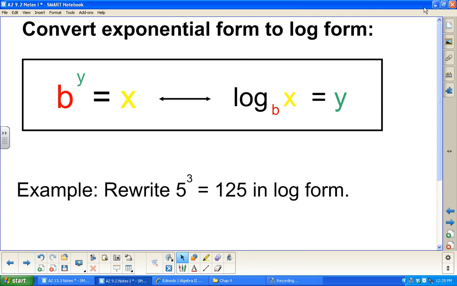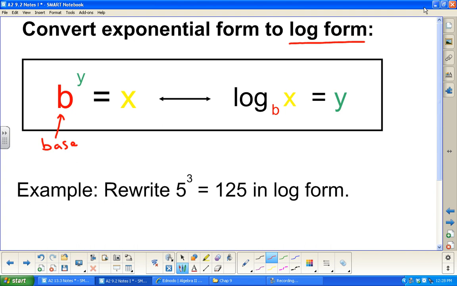This is the basic important thing here. When you want to change back and forth, if you're given something written as an exponent like the ones we've seen, the left side of this equation, remember we use b for base, and then we raise it to some power, and that answer equals x. You can rewrite that in what's called log form over here, where we're just rewriting the exact same thing, but it looks different, and we're going to be able to do some more things with it.